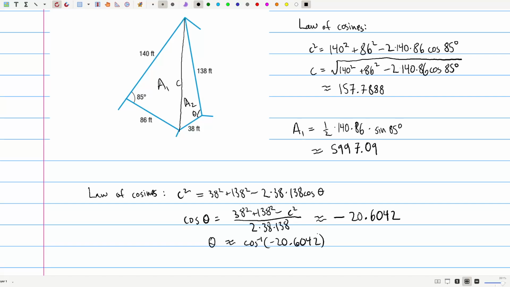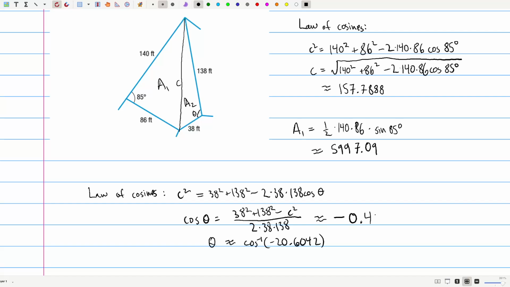Okay, there's obviously something wrong, because cosine has to be between -1 and 1. So what went wrong here? You can't see this, but I accidentally added the 138 in the denominator. Oops, so I'm going to fix that. Yep, so -20 was absurd.